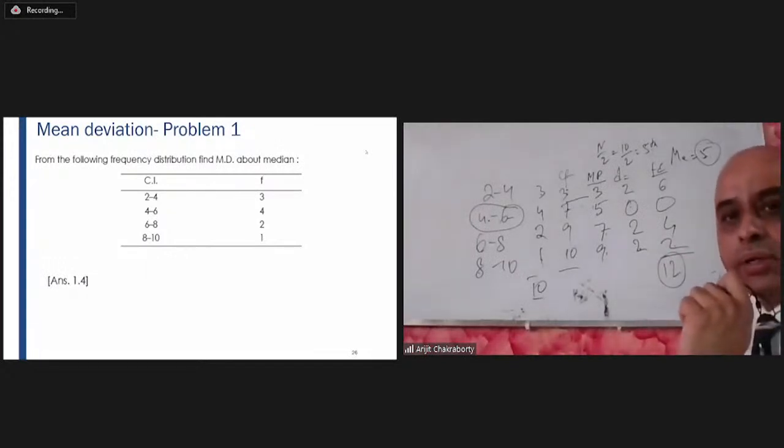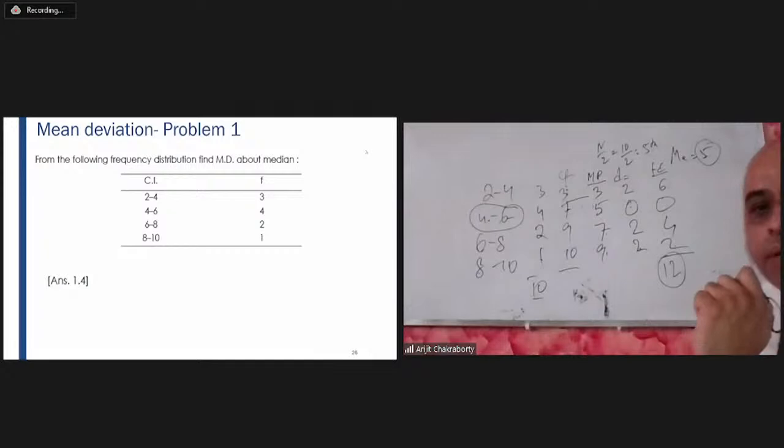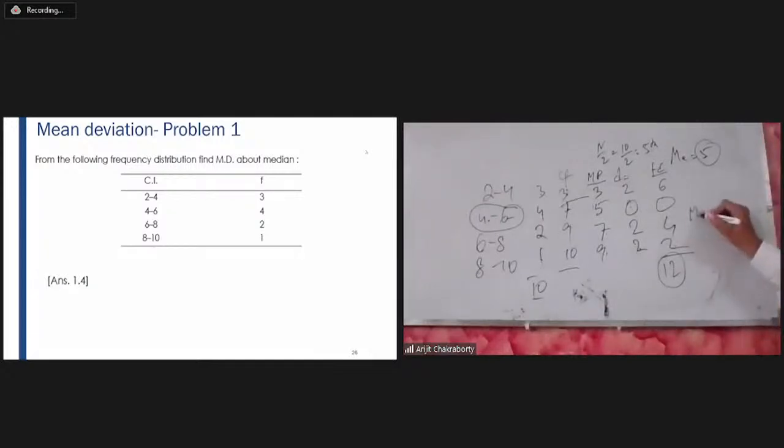So now we find out MD about median. The mean deviation about median is total 12 divided by the total number of observations. Just a moment, I'll work it out and check for any mistakes. 3 deviation we have got 2, 2 3s are 6, 4 0s are 0, 2 2s are 4, and 2 1s are 2.